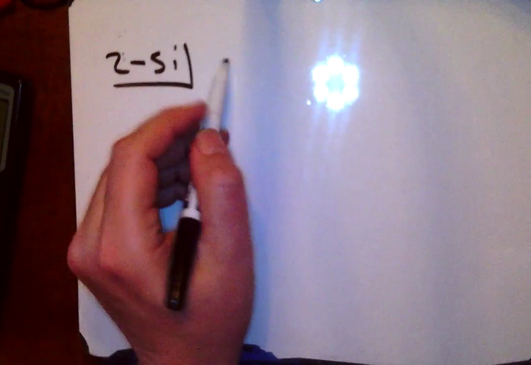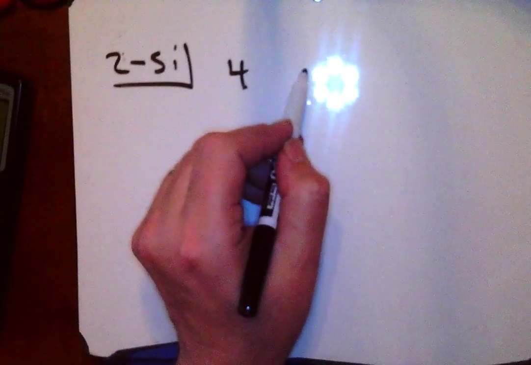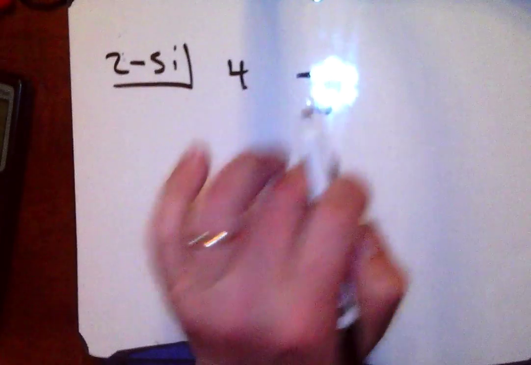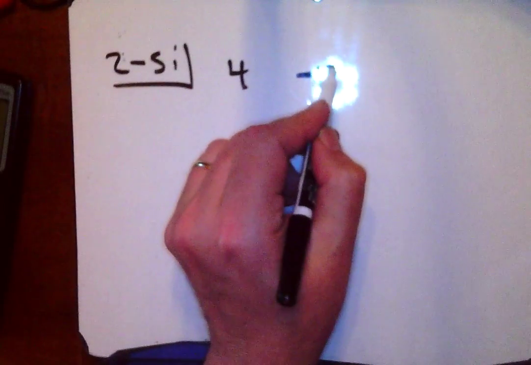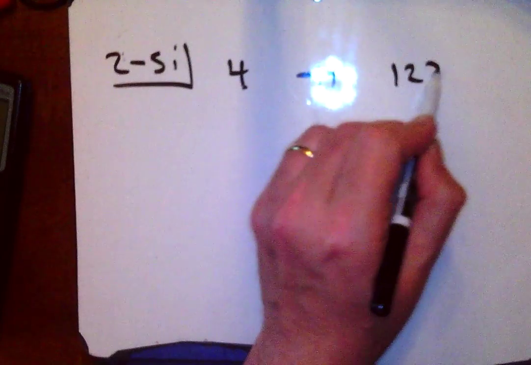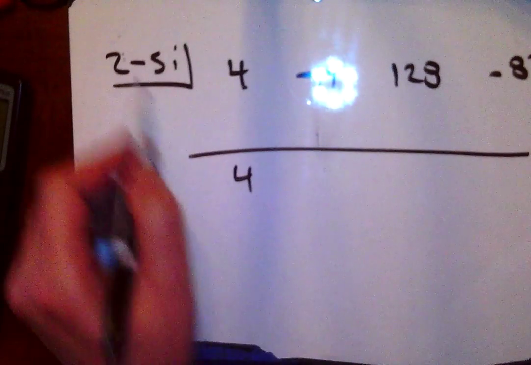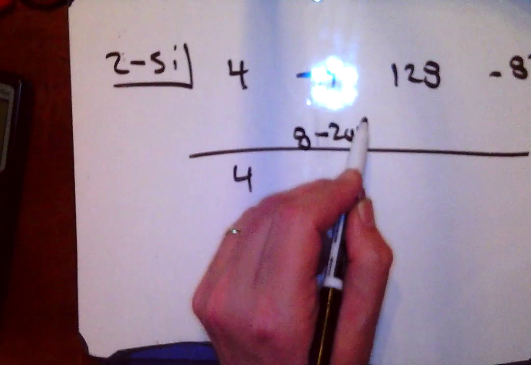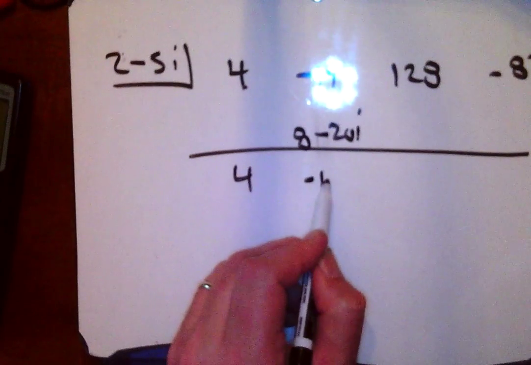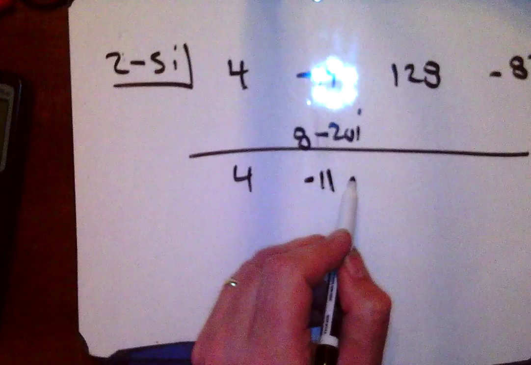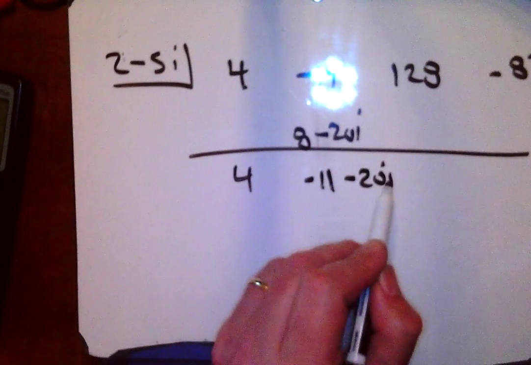Okay, let's take a look at number 2 here, where we've got 2 minus 5i, 4, -19, so don't write -18, 128, and -87. 4, 8 minus 20i, -11 minus 20i.